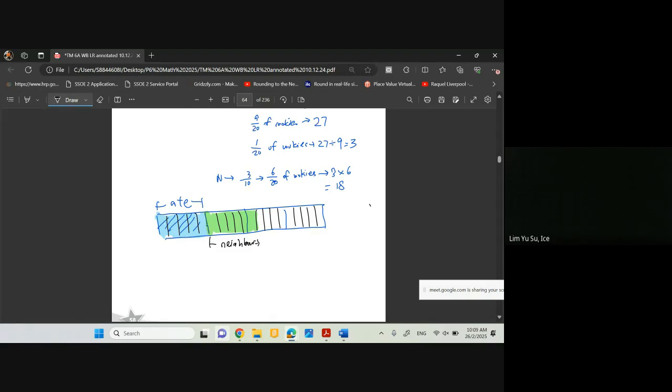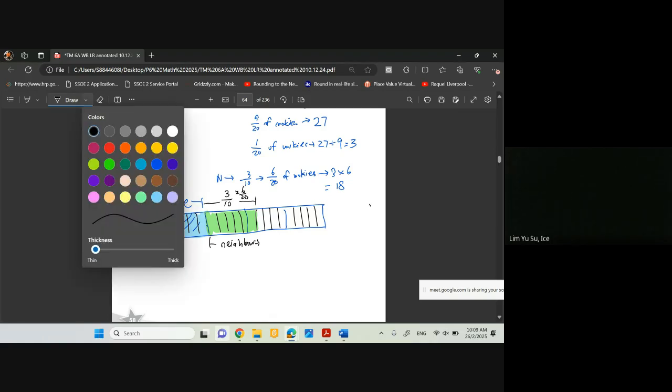It's actually 3/10, which is 6 out of 20. Okay, I draw out the fraction part for you to see.